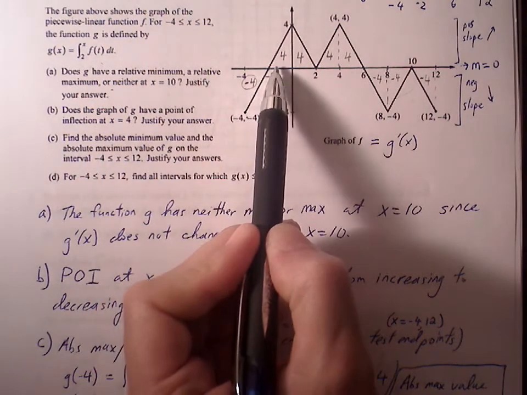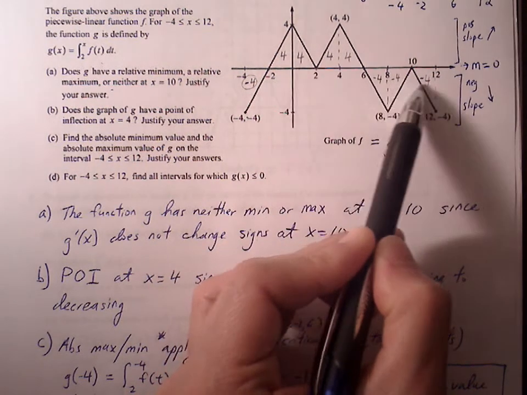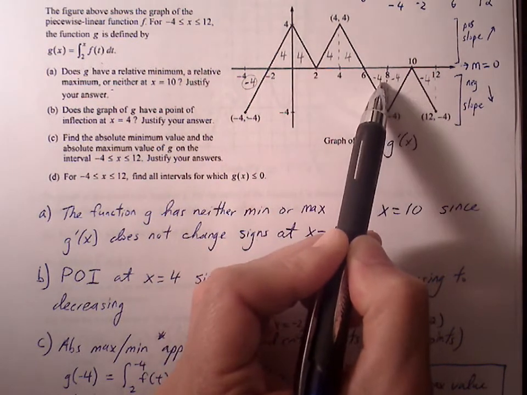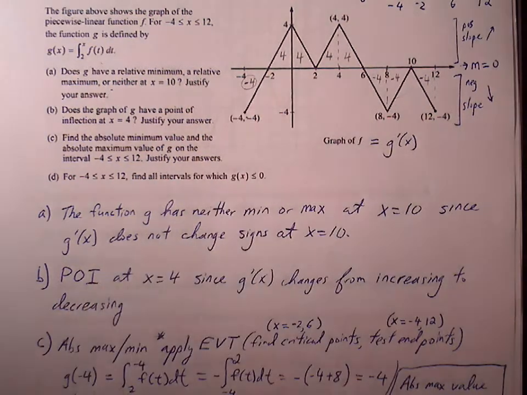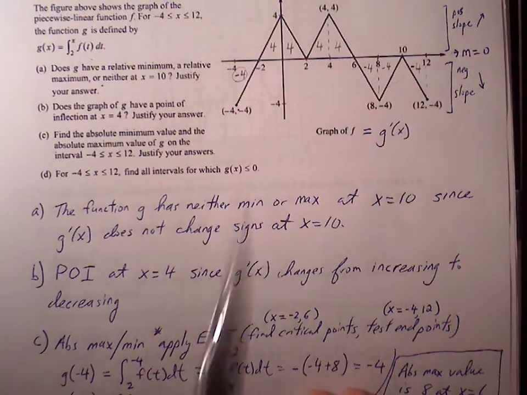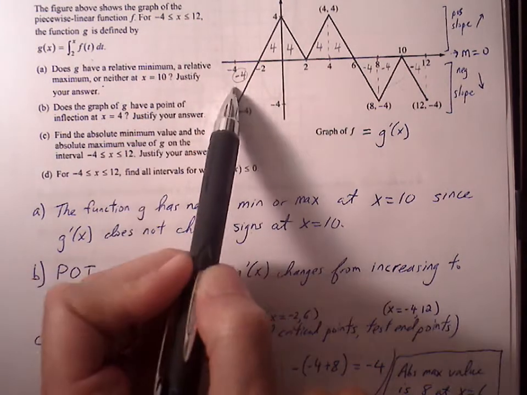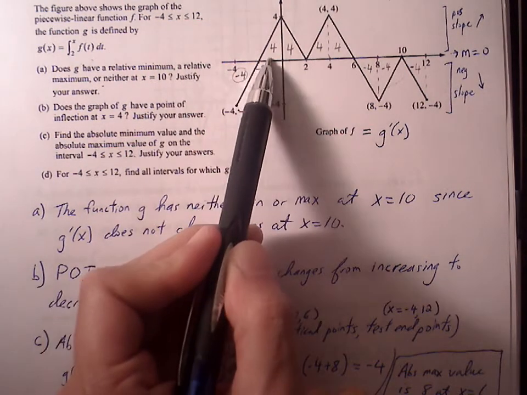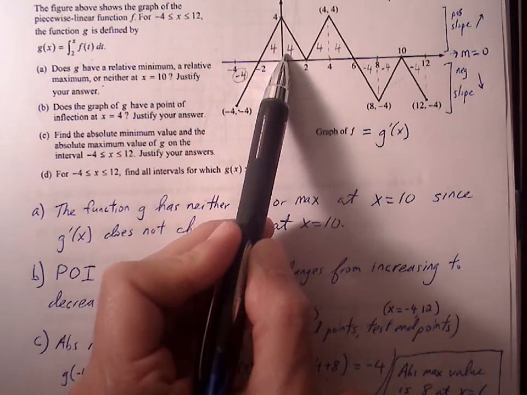I filled out all these area values, and anything below the x-axis I indicate as negative. Anything above I represent as positive. So if we want to go from -4 to 2, we'll have -4 plus 4 plus 4, and that's going to total a region of 4.